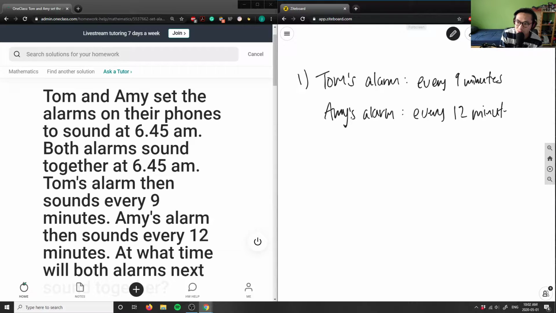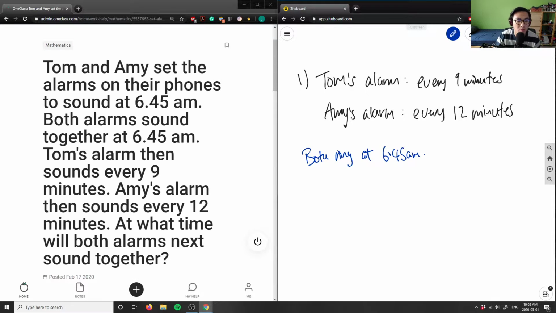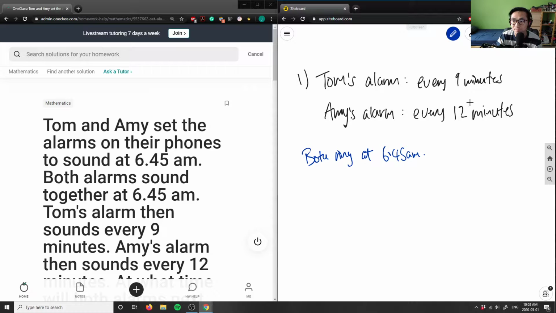We know that they both ring at 6:45, right? Both alarms sound together at 6:45. It's asking us at what time will both alarms next sound together.